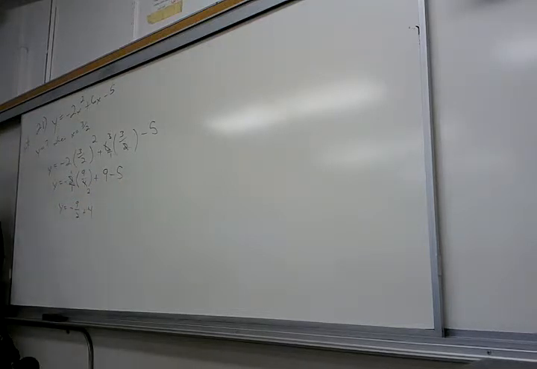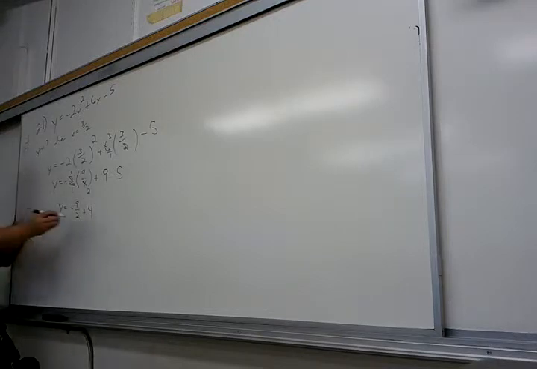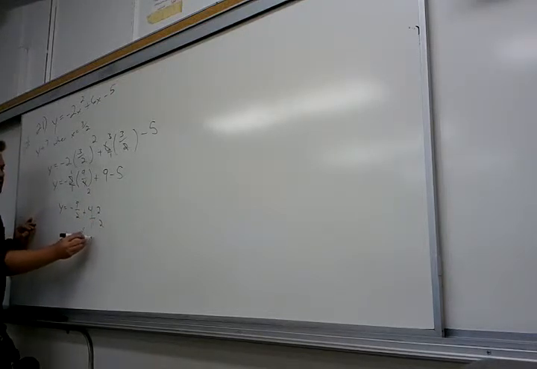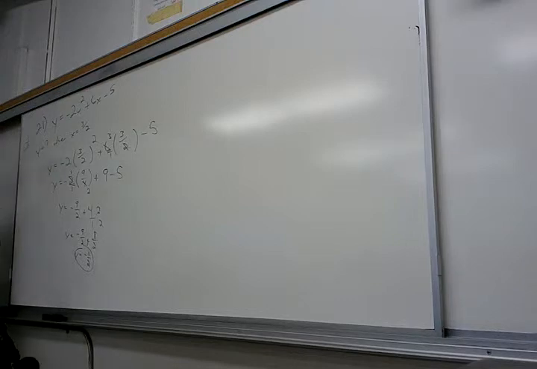Now you just have to make a common denominator. The 4 is over 1, so you have to make it over 2. You get an LCD of 2. So y equals negative 9/2 plus 8/2, which is negative 1/2.